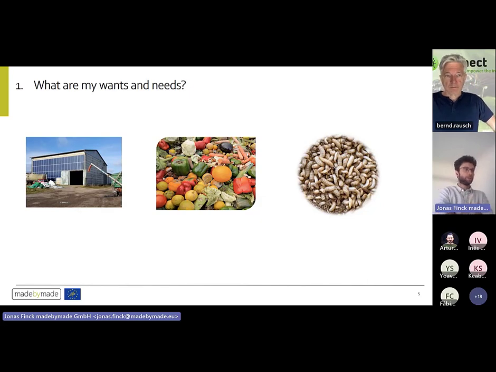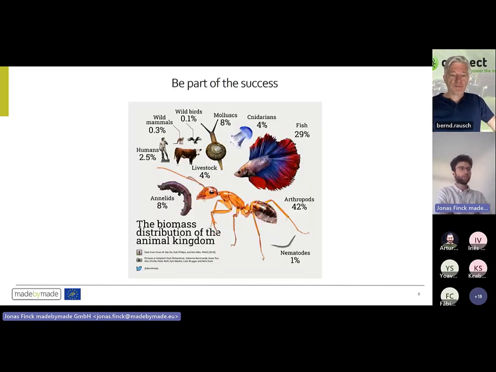And my personal approach was, okay, it was quite clear. Insects are very interesting for me, because I worked with insects for many years, and I want to be part of the success, because as a biologist, in terms of biology, insects are very successful in terms of biomass. When we just look at the biomass on a global scale, insects have more than 38-40% of the biomass.